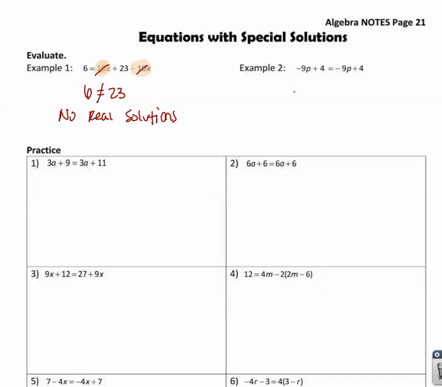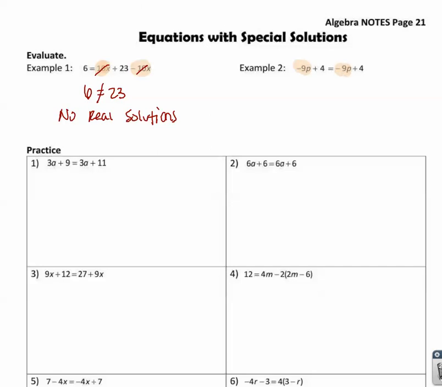However, in example 2, you notice how you have a negative 9p on the left side and a negative 9p on the right side. These actually automatically cancel out because they are the same thing but just on different sides.